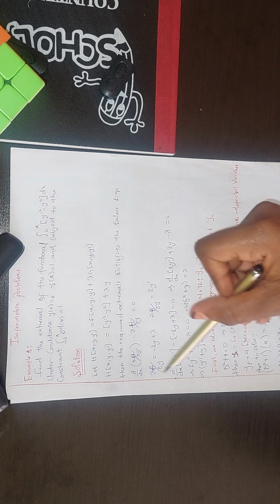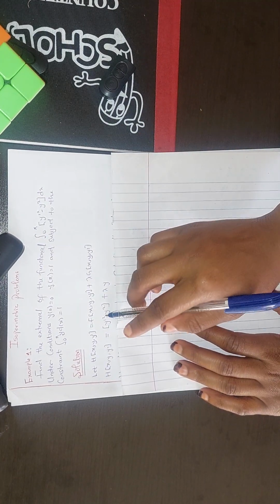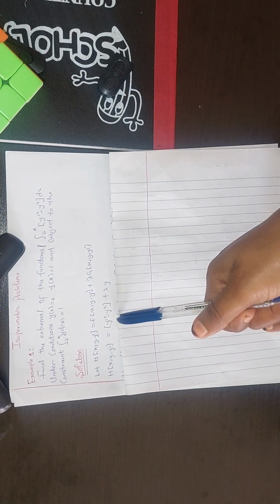I said you look for your partial h over partial y prime and partial h over partial y. I've explained how to differentiate any function that is given to you. So let me take a clean sheet. If you want to differentiate partial h over partial y prime, look, this is your function, right? So you're going to differentiate partially with respect to y prime.